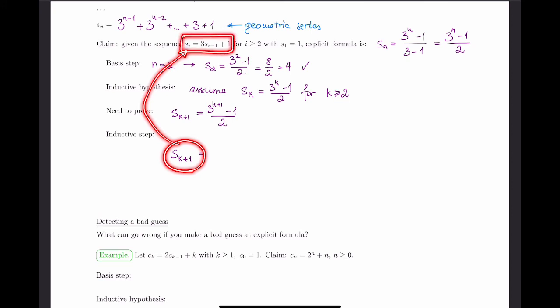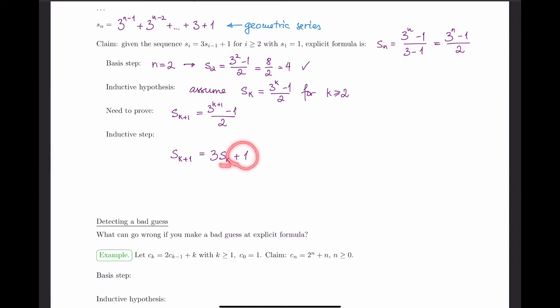So using the recursion, if my i here is k plus 1, then i minus 1 here is just k. So what I'm going to get is 3 s sub k plus 1. The k plus first term is 3 times the previous term plus 1. So this is true by recursion.